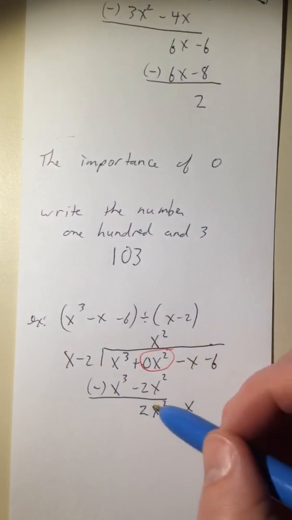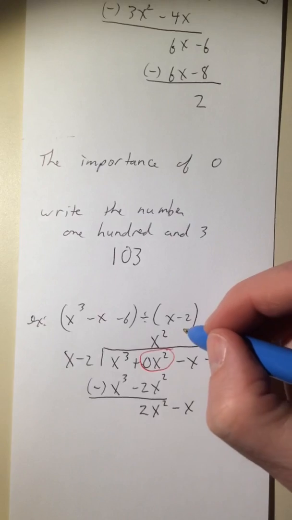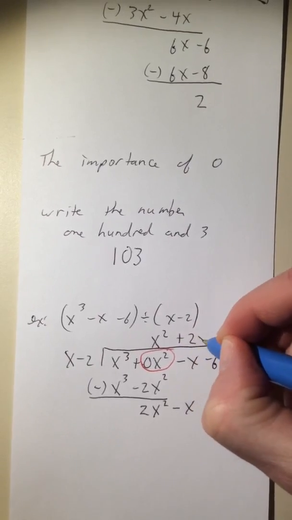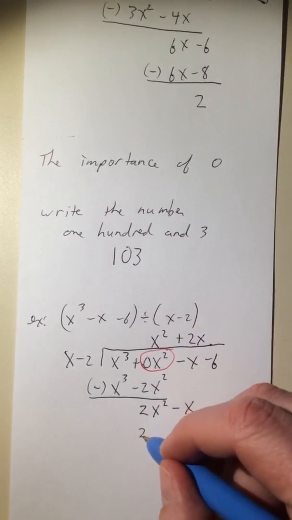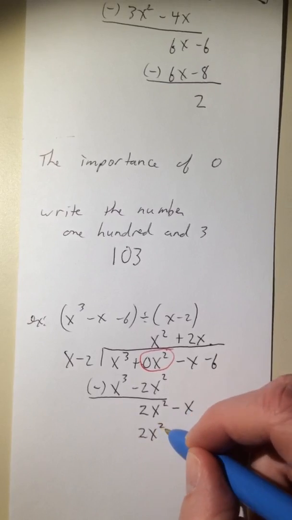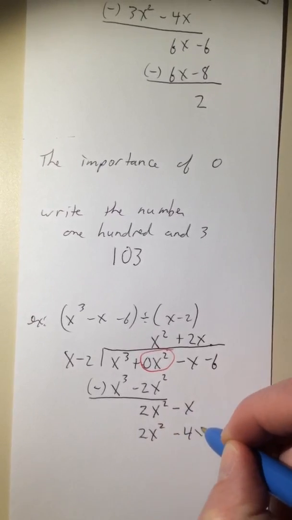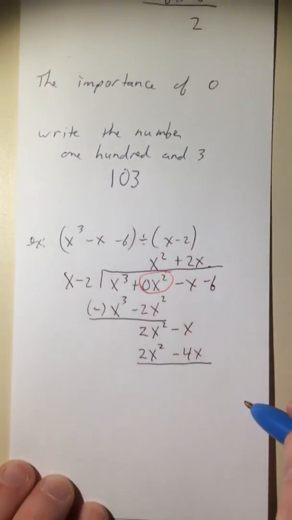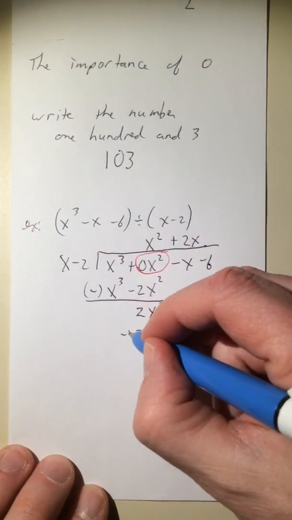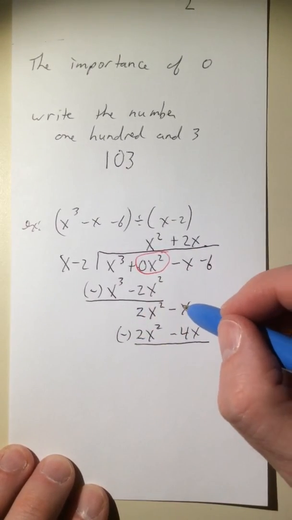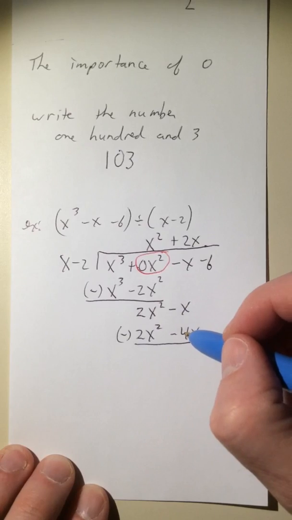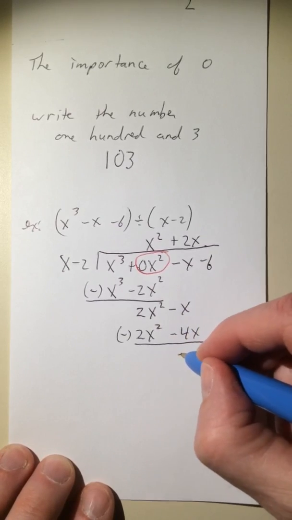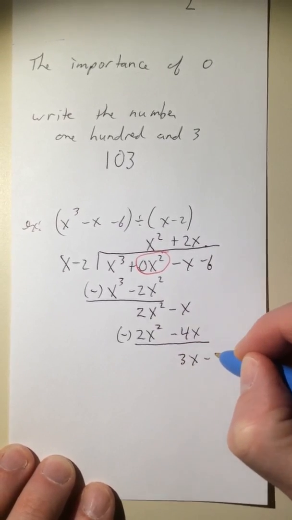So x times what is 2x squared, and that's clearly going to be plus 2x. Multiply 2x squared minus 4x. And we subtract, and that's going to be a nothing there, obviously. And then negative 1 minus negative 4, so negative 1 plus 4 is 3x minus 6.